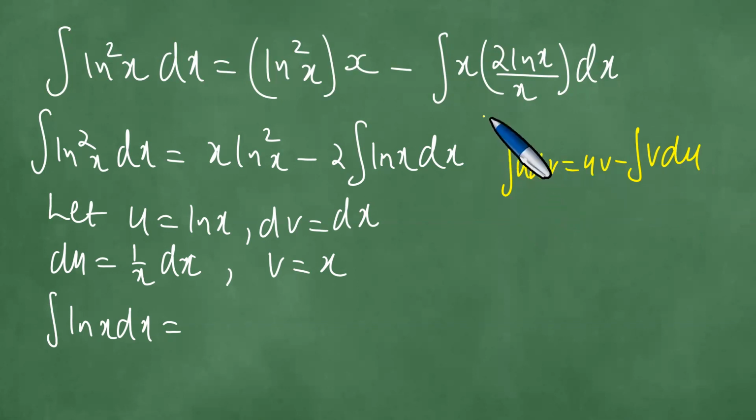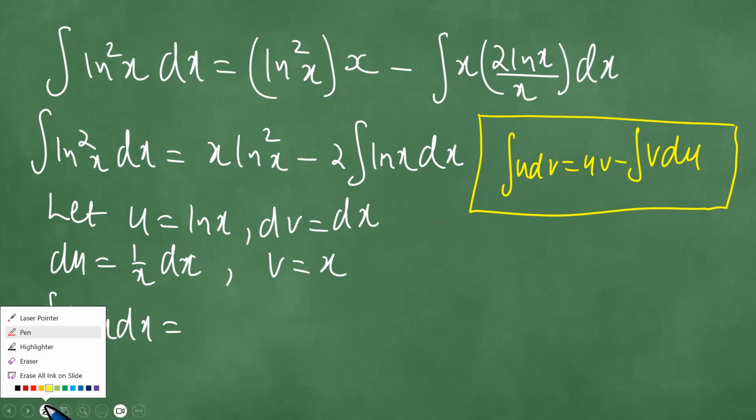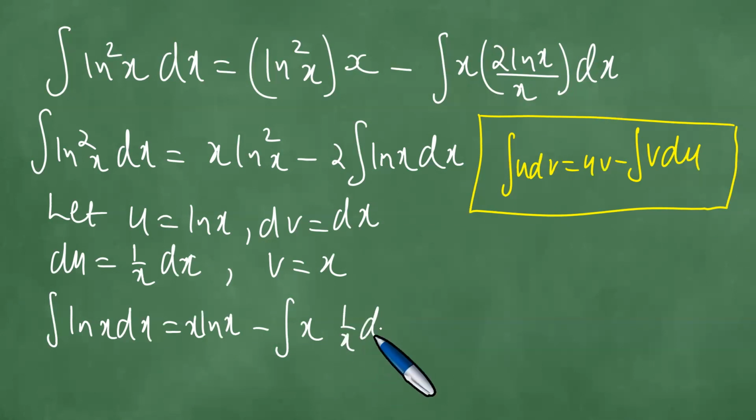So u is ln x, v is x, minus the integral of v, which is x, times du, 1 over x dx.